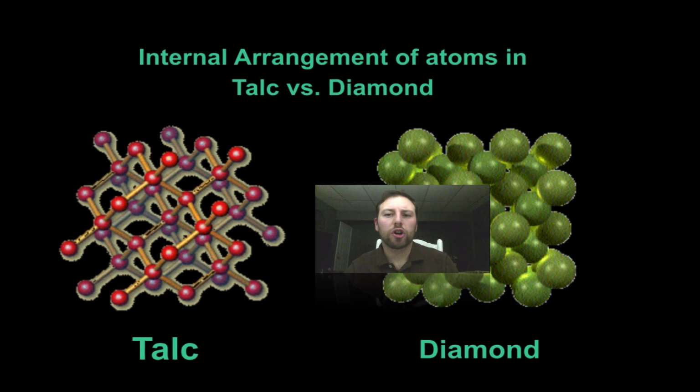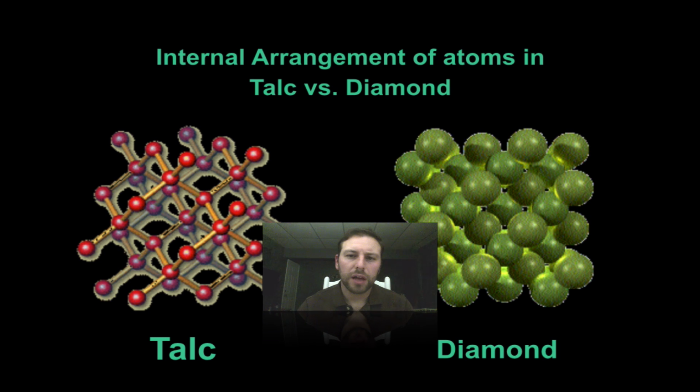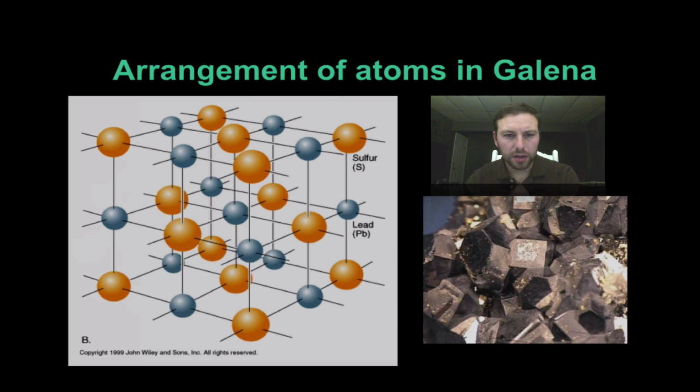Speaking of the internal arrangement of atoms inside a number of different minerals, talc versus diamond have arrangements of atoms that look somewhat similar, but they're a little bit different. Here's galena. Notice that we have this nice structure.